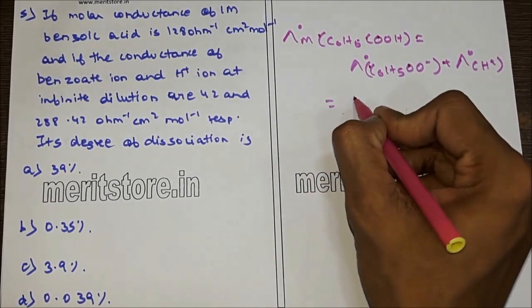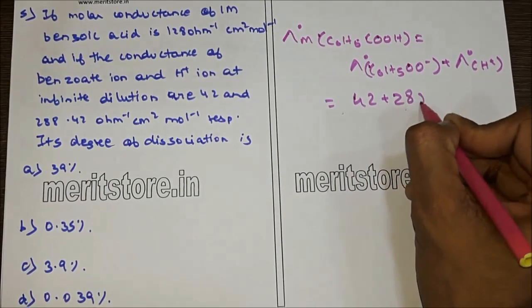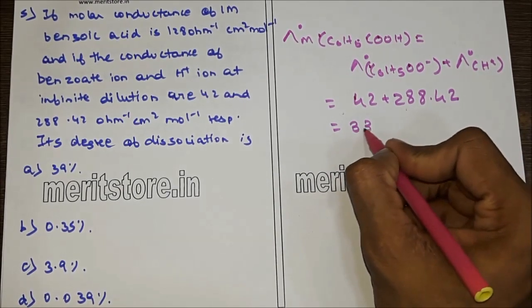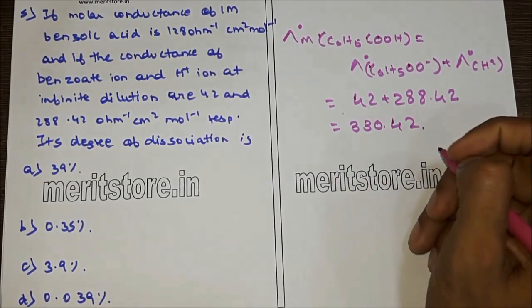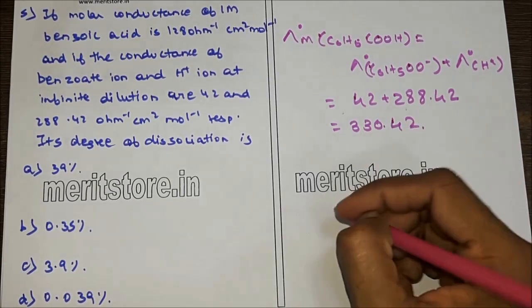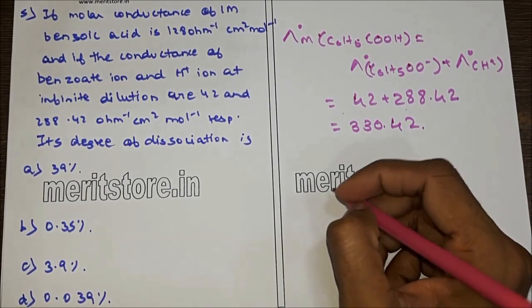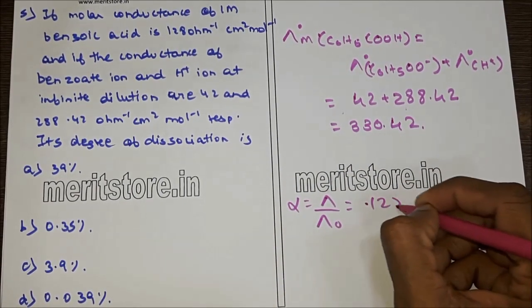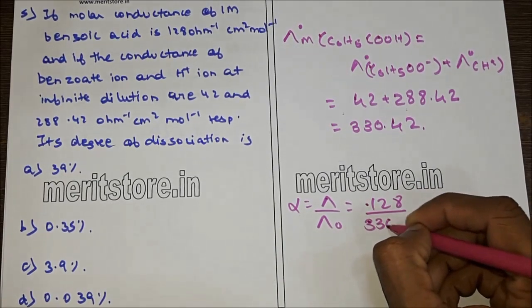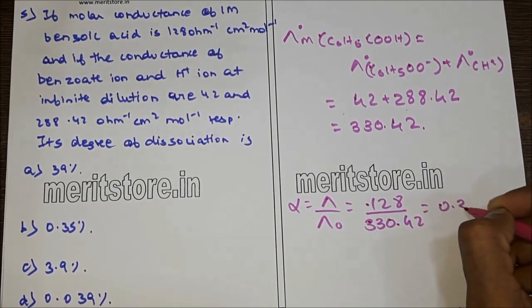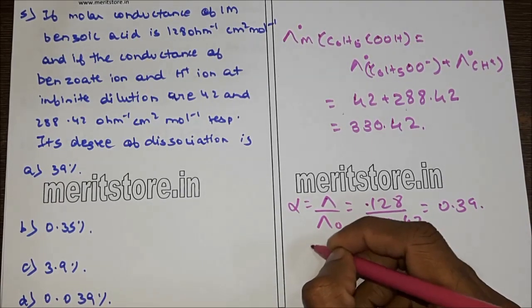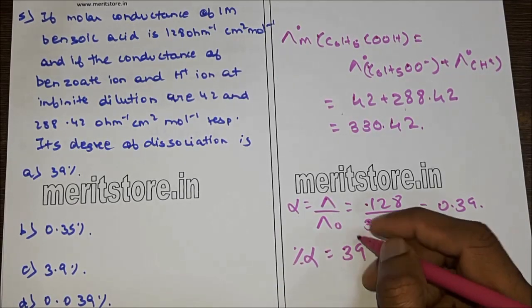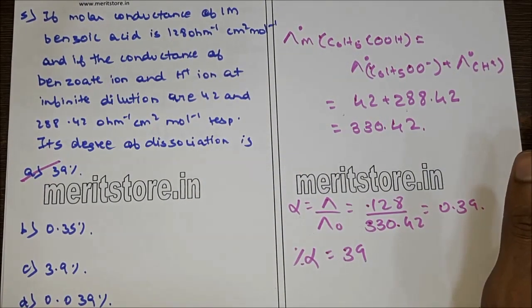Substituting, we get 42 plus 288.42, which is 330.42. Therefore, the degree of dissociation alpha equals 128 upon 330.42, which is 0.39. Therefore, alpha as a percentage is 39. Our answer matches option A. Therefore, option A is the correct answer.